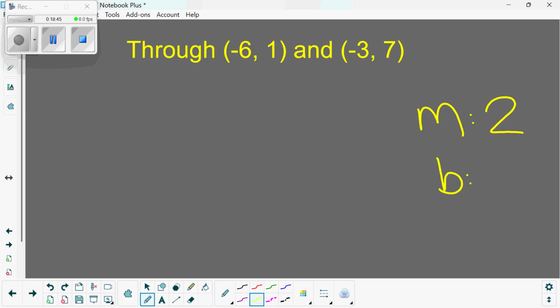Don't switch them around, like, don't take the X from one point and the Y from the other. Often, if they look smaller, I pick those because I'm a baby and I don't want scary numbers. I'm going to go with the -6 and the 1 because 1 seems like a nice number to me. So here I go. Y equals 2x plus b. I'm going to put this in for my X and this in for my Y.